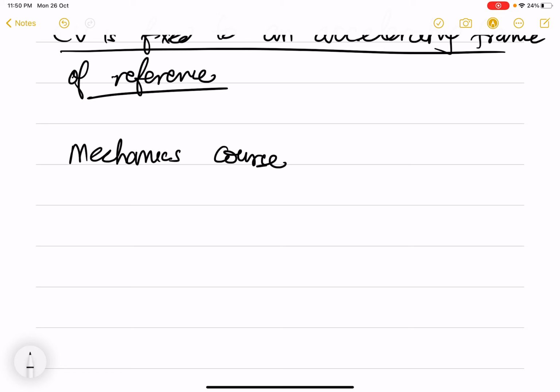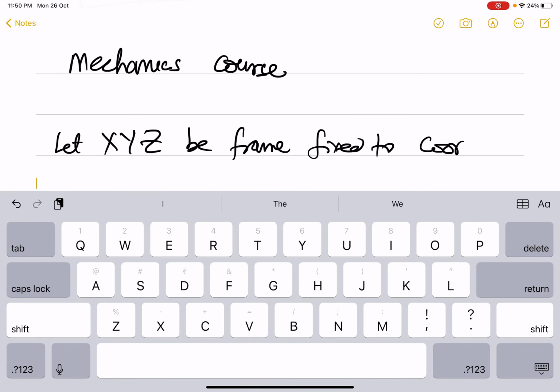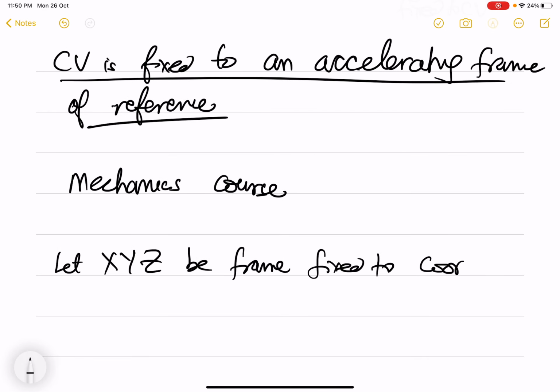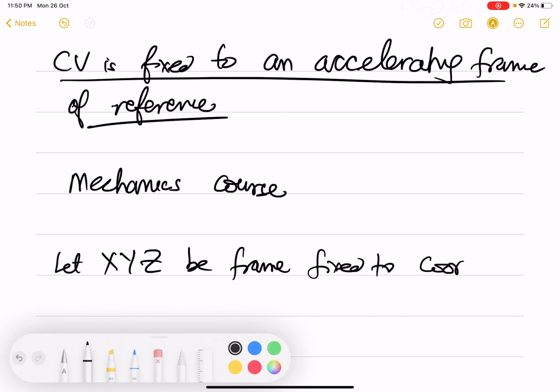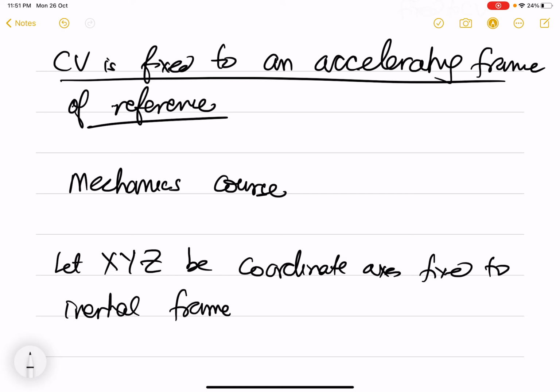What we said was, let capital XYZ be the coordinate axis fixed to an inertial frame, that means a fixed frame.